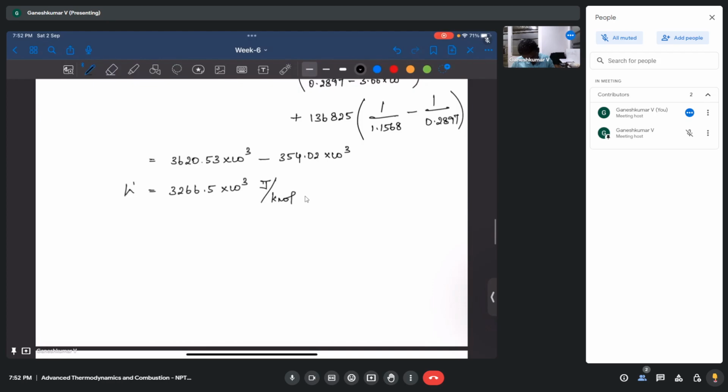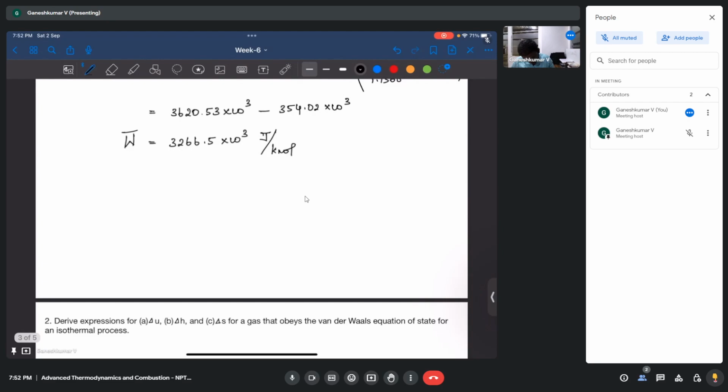So this is the work done. Since it's in molar, we'll just put a bar over here. Now the total work done is going to be the number of moles, which should be in kilomole, times this thing. So how do you find the number of moles?